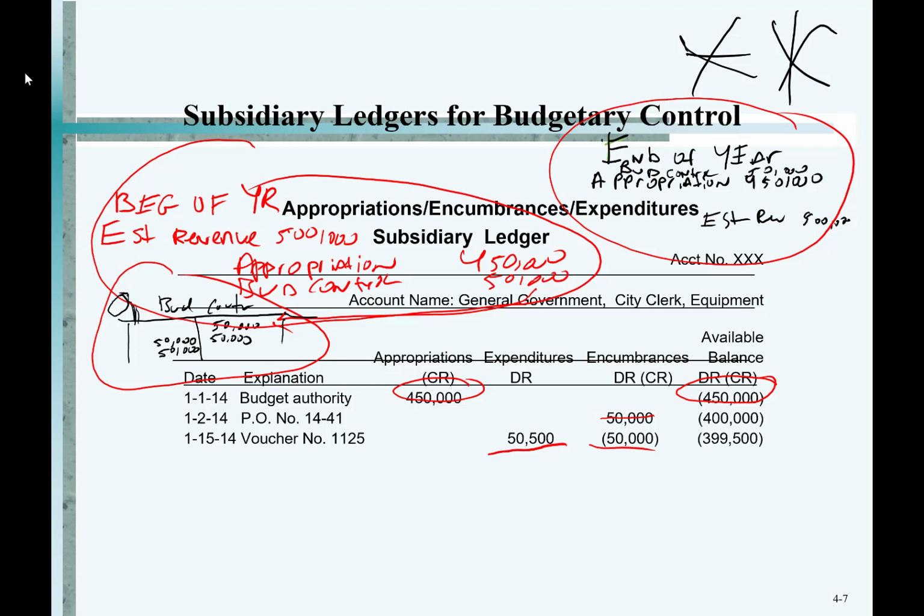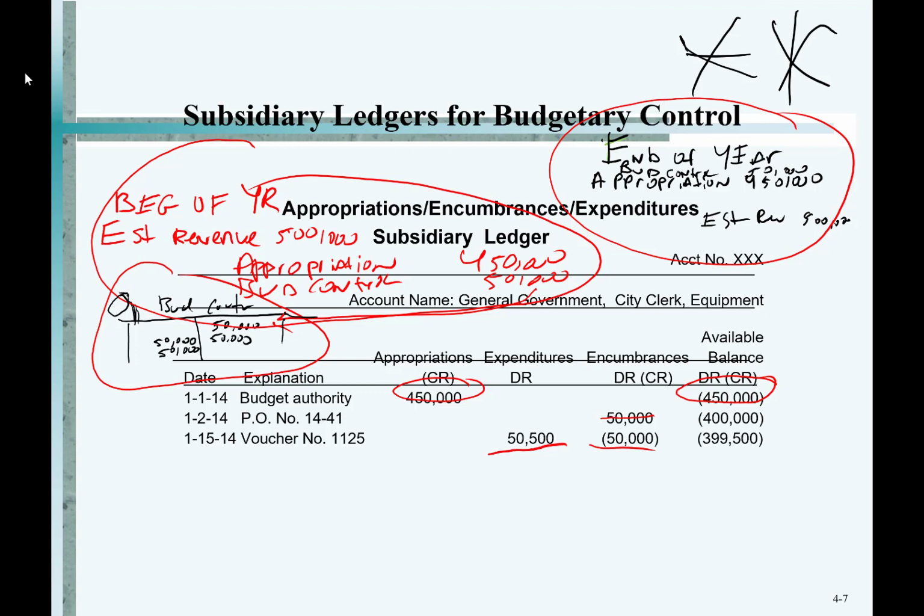So that's why I drew this like this before, in that budgetary control is sort of like, what is this? Like a horse? When you're taking the journey at the beginning, you put a bunch of stuff on the horse, don't you? By the time you get to the end, you take everything off the horse.